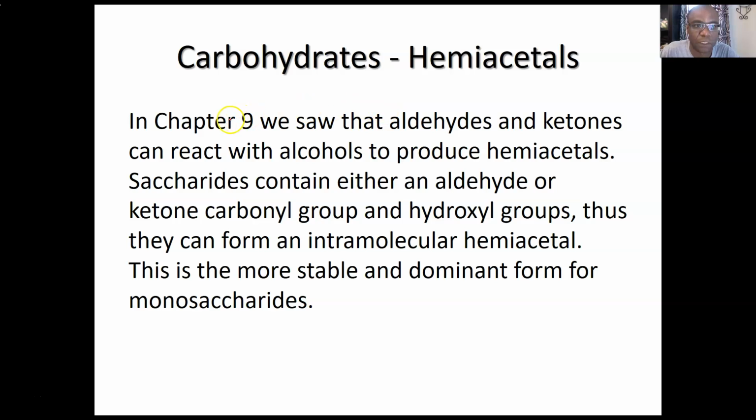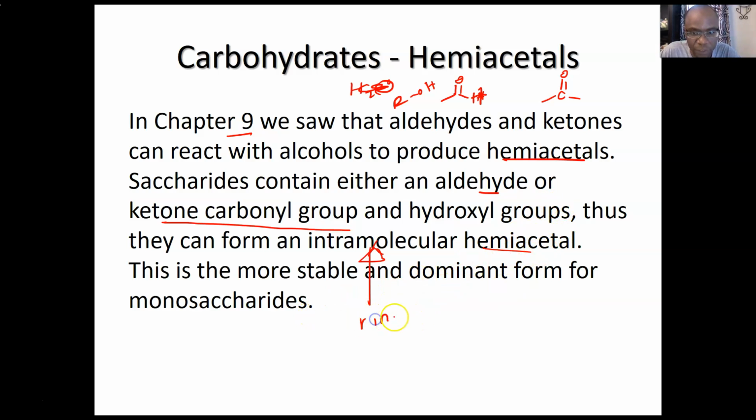Okay, so in chapter 9 we said that aldehydes and ketones can be attacked by a nucleophile, and if the nucleophile is not water, if the nucleophile is an alcohol, you either make hemiacetal or you make acetal. So if you have an aldehyde or a ketone, the carbonyl can be attacked by intermolecular reaction to make hemiacetal, which is the most stable and dominant form of monosaccharides, which means you want to form rings.